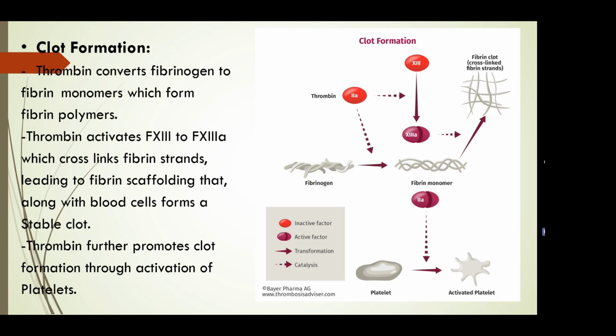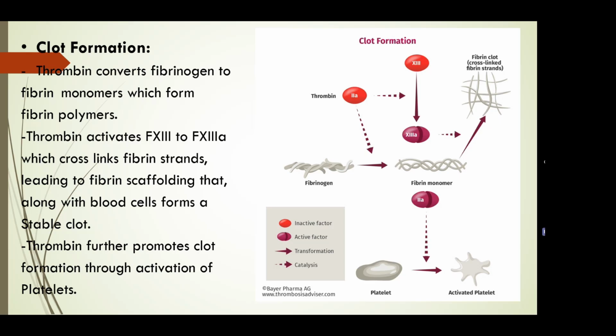Here, all the thrombin generated from the propagation phase will now convert the fibrinogen that was used as a linking molecule in primary hemostasis to fibrin monomers. You can see the thrombin here converting the fibrinogen to fibrin monomers, also activating more factor 13 that will cross-link these fibers.